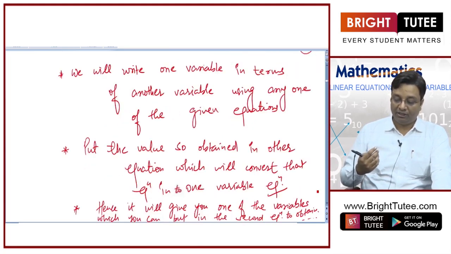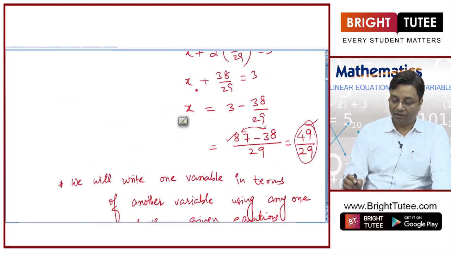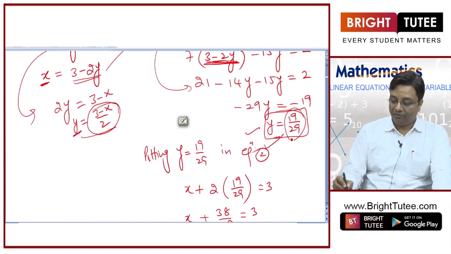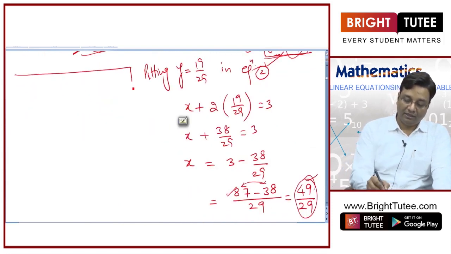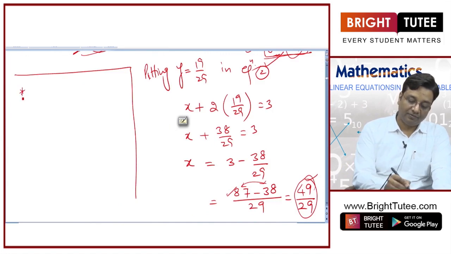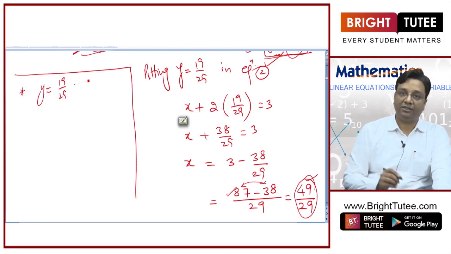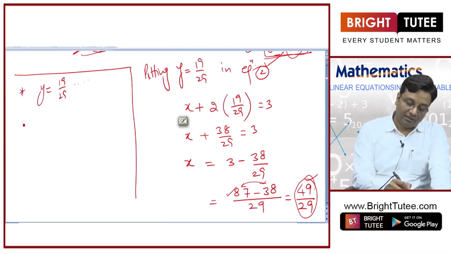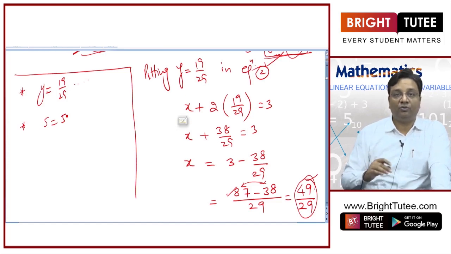Now once you put these equations, in this equation you got y equal to 19 by 29. In some of the equations there can be three possibilities. One possibility is that you get y equal to 19 by 29 or any other specific value. Another possibility is that you get something like 5 equal to 5, that you get no variable.